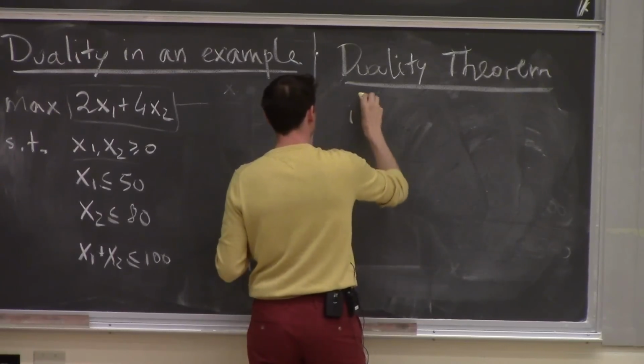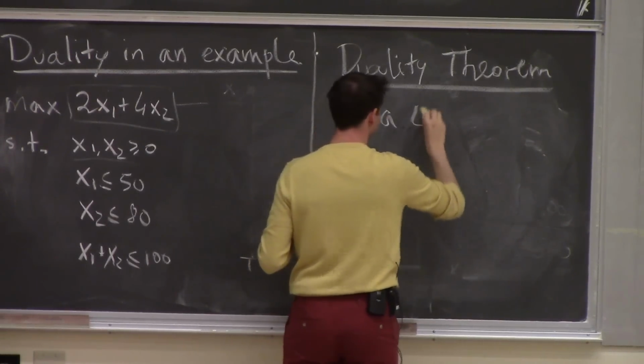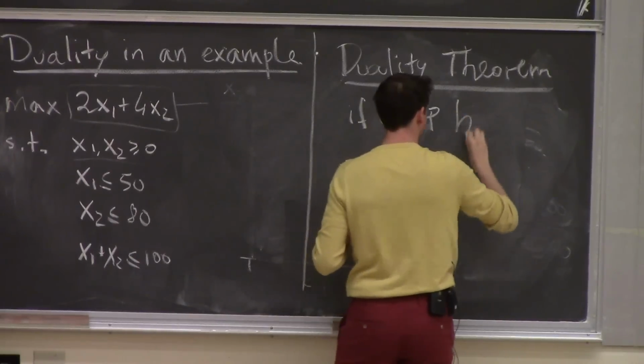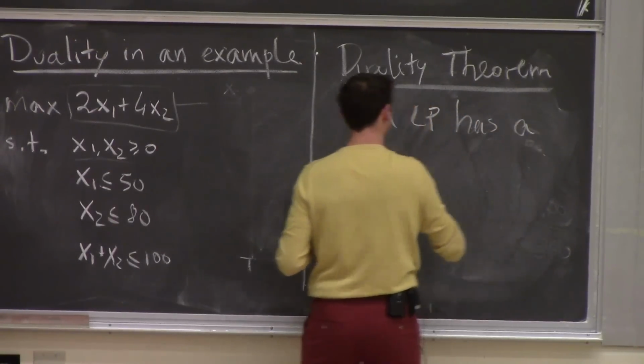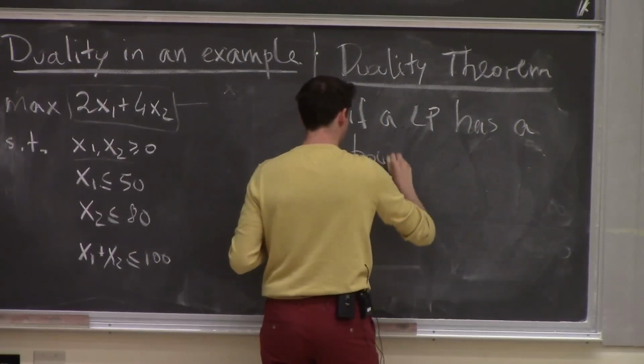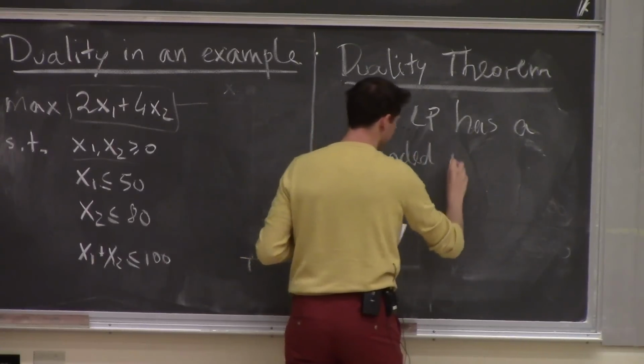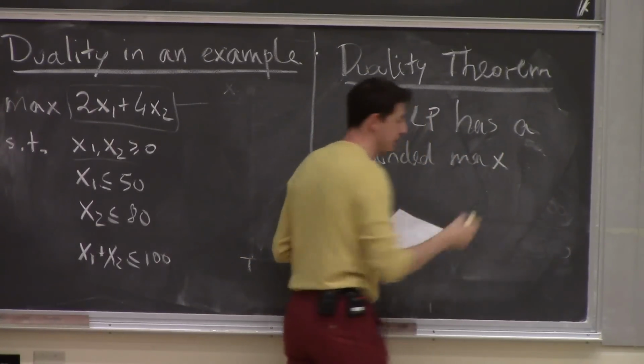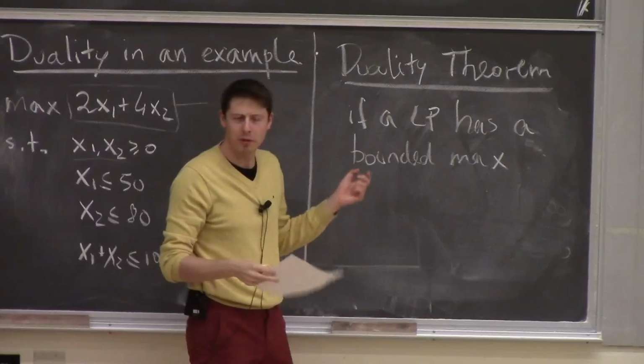That says that if a linear program has a bounded maximum. But why do I want this assumption?